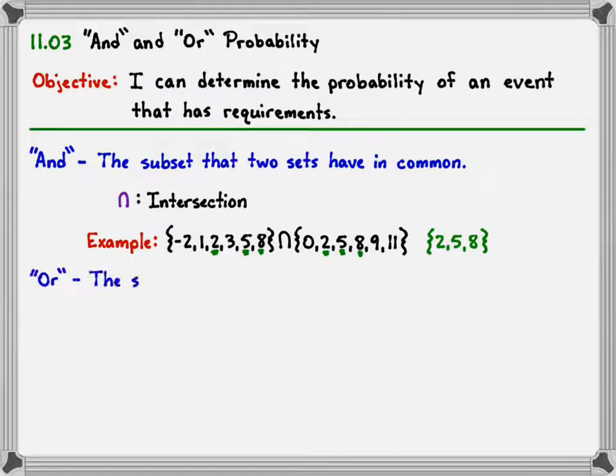Okay, so now here's the other part. The word or. The word or is the subset that either set contains. So the word or is actually going to give me more options. The symbol that I use for that is the U, and we say that that is the union.